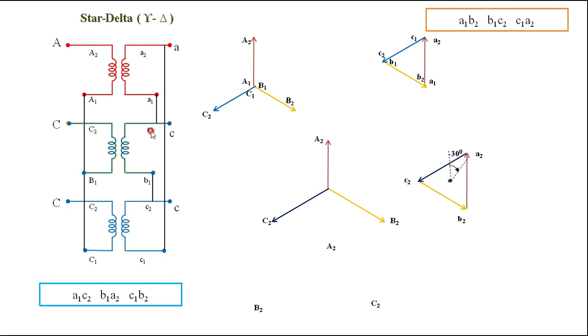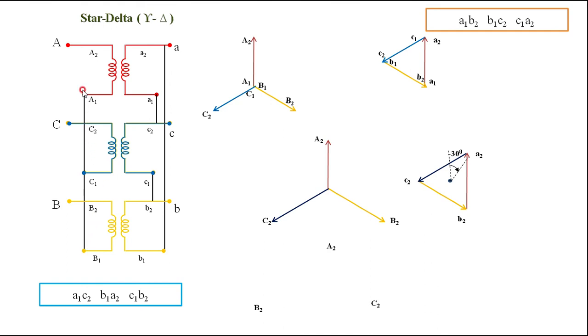Here it is C2, C1. Now I am replacing this transformer by the B transformer. Now my terminals are, here it is C1 and here B2 and C2. What I am doing is replacing B by C, then C by B.